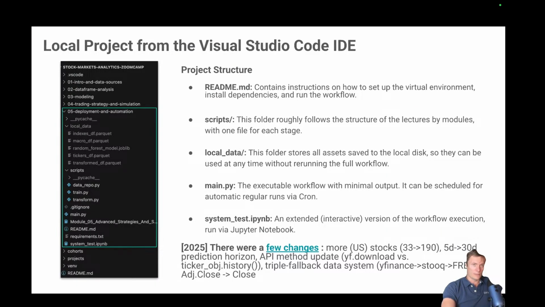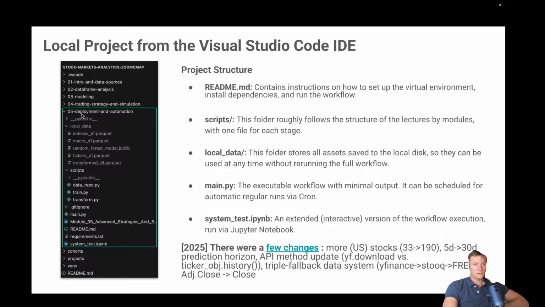So the local project, or the automated project, is on GitHub. I know it's not the best possible thing, and it's not a standalone GitHub repo, so sorry for this, but it's just a few files.